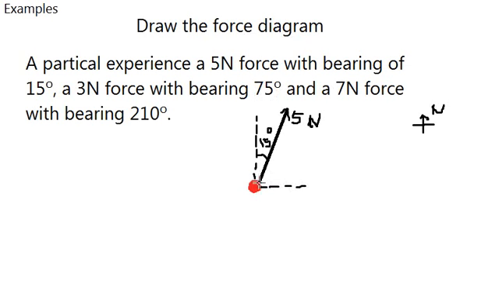So another point will be from here out to about here. Yeah, roughly. And that would be 15 degrees again. Okay, so this is taking a bit more effort than I think it's going to be.